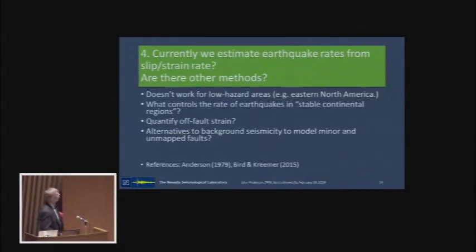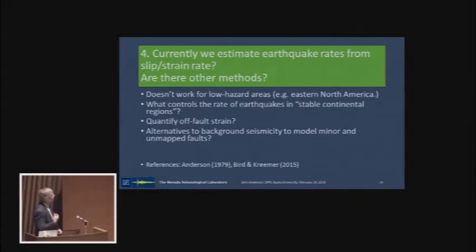My fourth problem is, currently in the West, and here in Japan, I think you can do this also, we estimate the rates of earthquakes from slip rates of faults or from strain rates. But we need other methods, especially in the eastern part of the United States or other areas with lower seismicity rates.